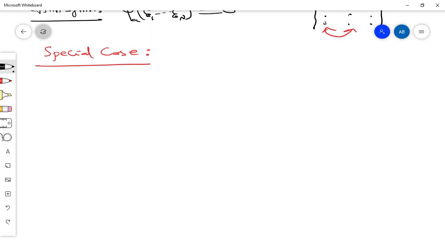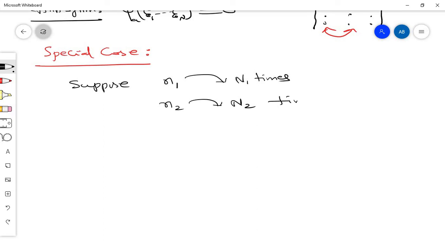When there is a multiplicity in the numbers, suppose n1 occurs n1 times, n2 occurs n2 times, and so on.